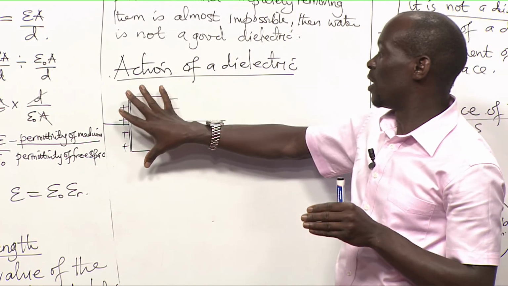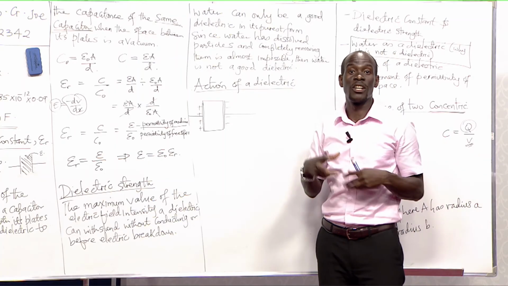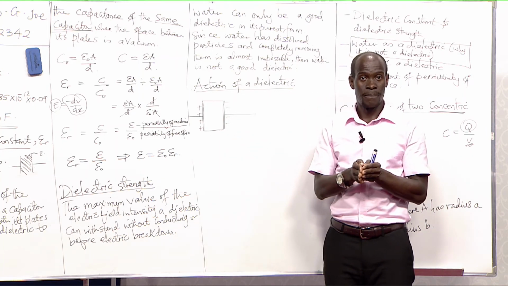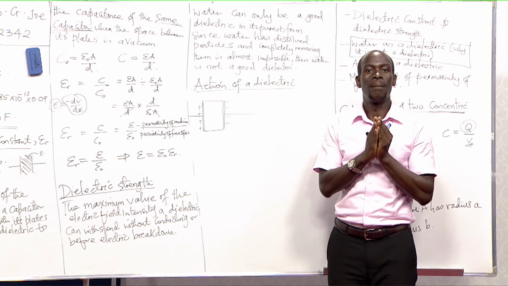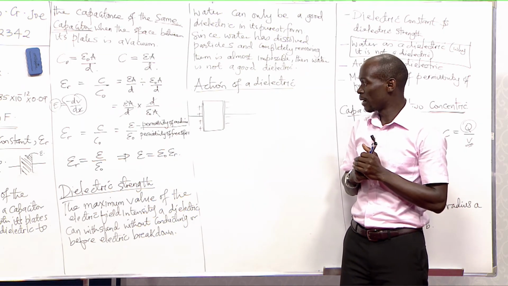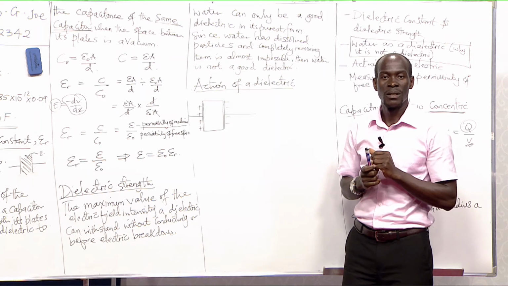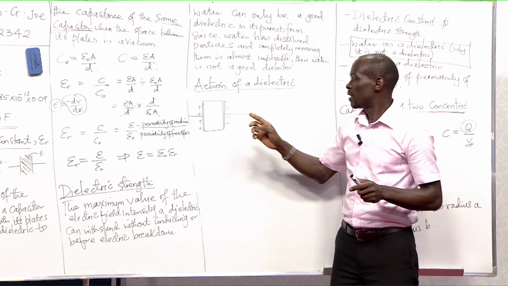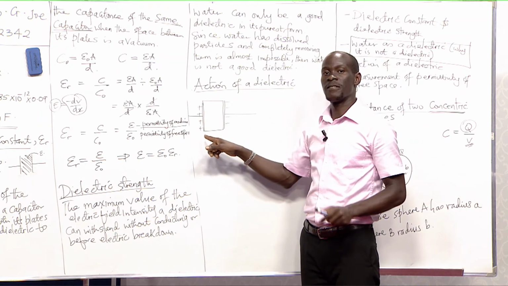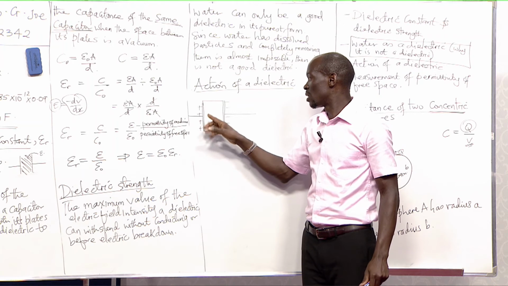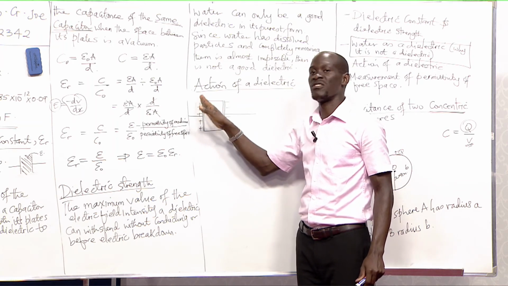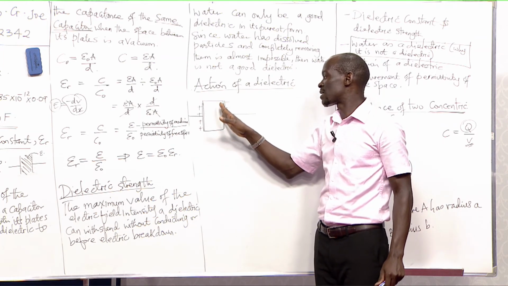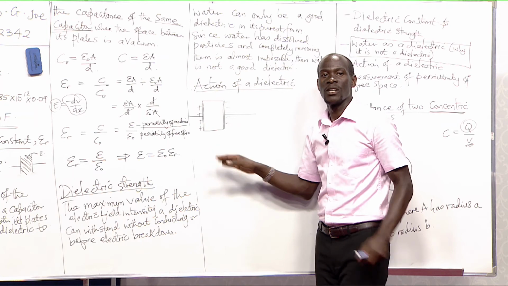Because you've placed it there, of course it has molecules in there. When you place the dielectric between the plates of the capacitor, its molecules will be polarized. Okay? Now, when the molecules get polarized, they will be polarized in such a way that the negative molecules will face the positive plate of the capacitor, and the positive molecules will face the negative plate of the capacitor. So this is what we shall have.